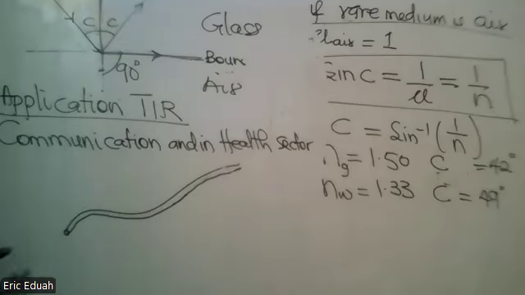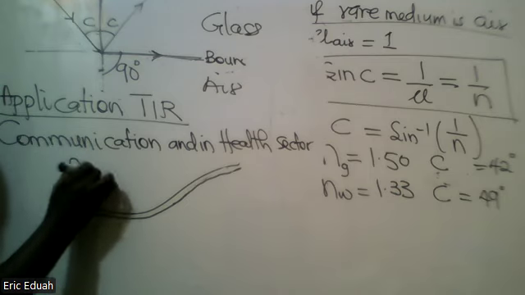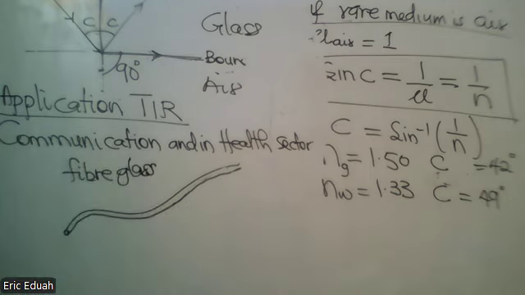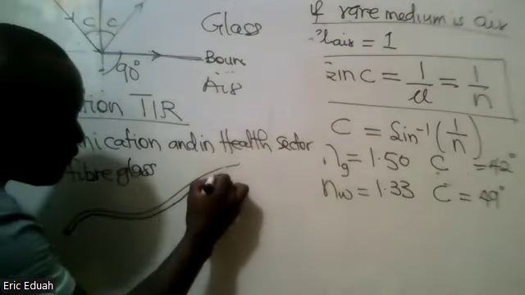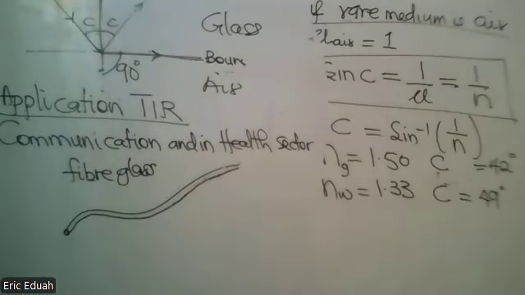So instead of sending information through the copper cable, they use what we call fiber glass, also known as optical fiber cable. The cable uses the principle of total internal reflection.